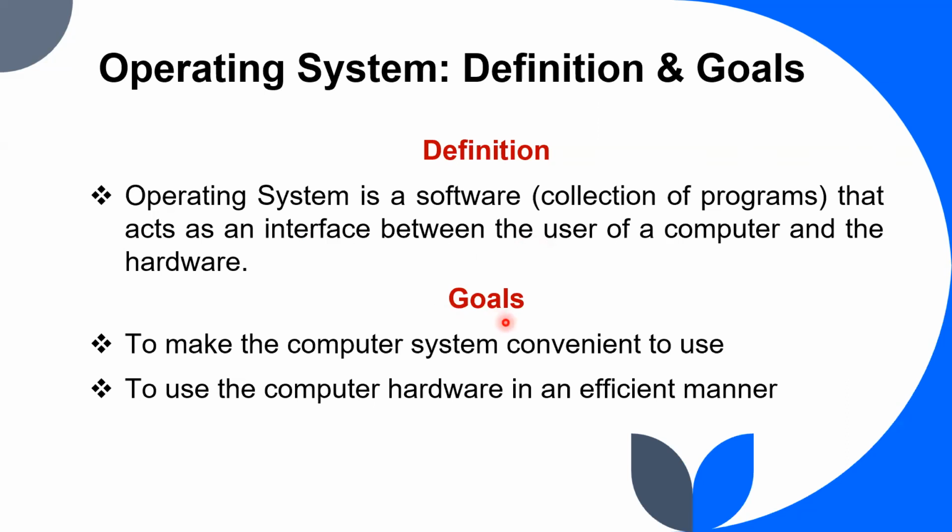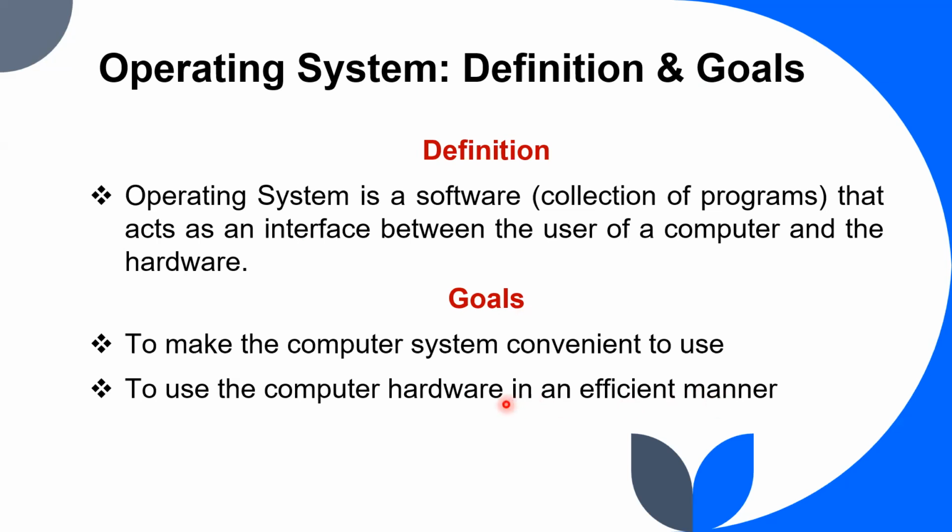Now let us look at the goals of an operating system. Whenever any operating system is being designed for desktop devices or for mobile devices, there are two important design goals that have to be kept in mind. The first one is to make the computer system convenient to use. So convenience is the first goal of an operating system. The more convenient it is for the users, the more successful the operating system will be. The next design goal is to use the computer hardware in an efficient manner.